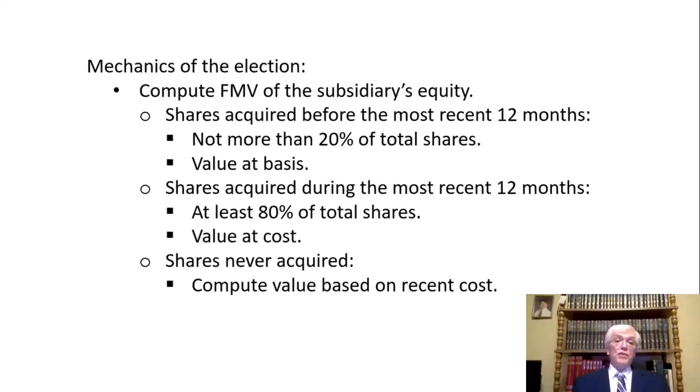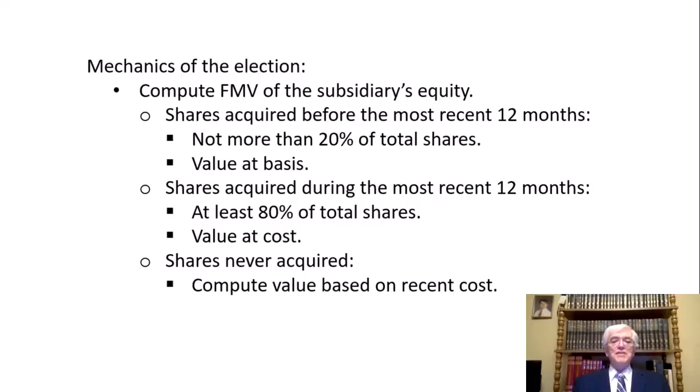You don't go out and ask them, what'd you pay for your shares? Doesn't matter. Just look at what you paid for your shares, add that all up. That's your basis in those 80%. Well, 1/8 of that is 10%. So 1/8 of your cost will be the cost that you attribute to the shares that you never did acquire. So that is how you compute the fair market value of the subsidiary's equity.